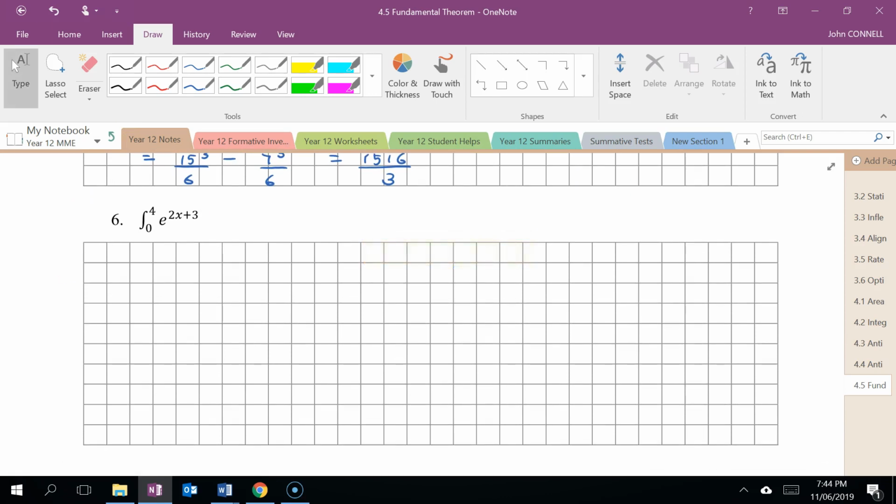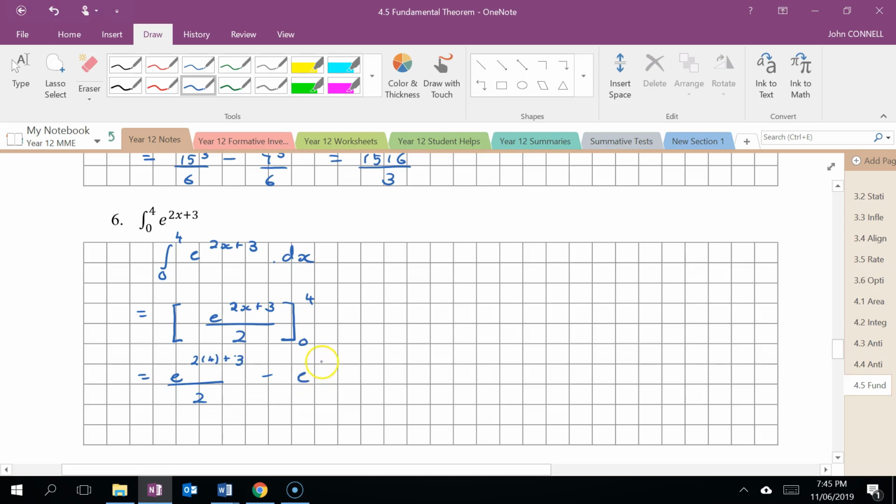Again, we need to use an anti-chain rule, so it's going to be the integral from 0 to 4 of e to the power of 2x plus 3. The integral of an exponential is just the same thing, so it's going to be e to the 2x plus 3. We're going to have to divide by this 2, and it's going from 0 to 4, so it's e to the power of 2 by 4 plus 3 on 2, take e to the power of 2 by 0 plus 3.